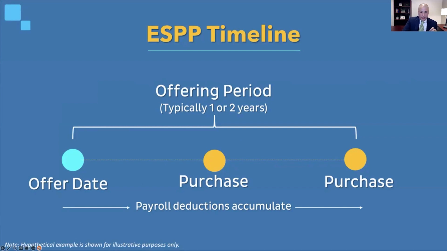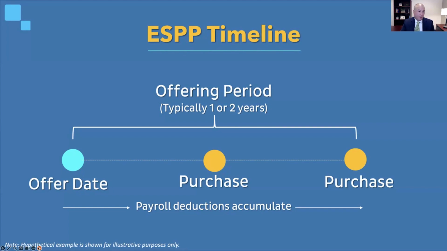So these contributions that you make to the ESPP plan are made after tax from your paycheck. This money accumulates from your paycheck until the purchase date. In this example here, the purchase date is obviously the first purchase of the offering period.